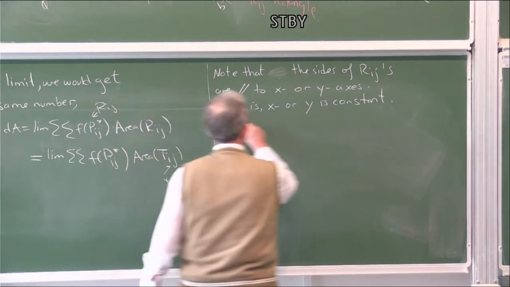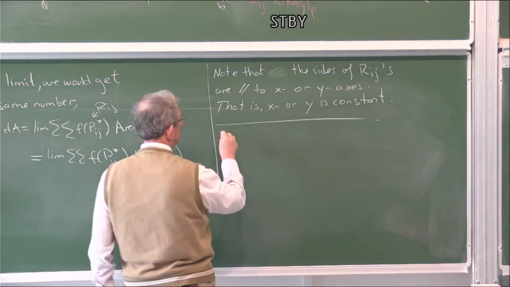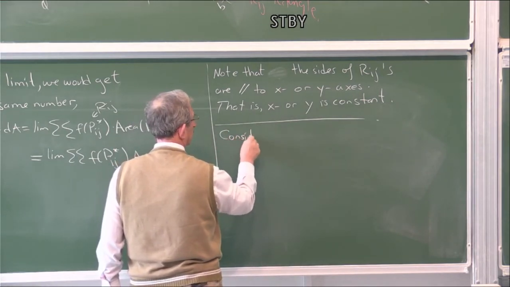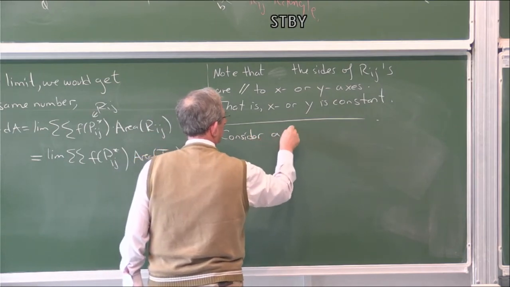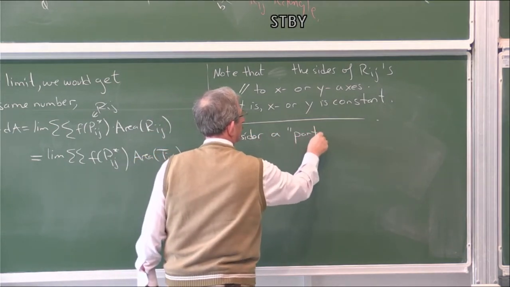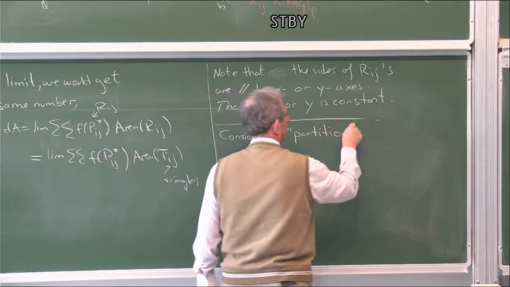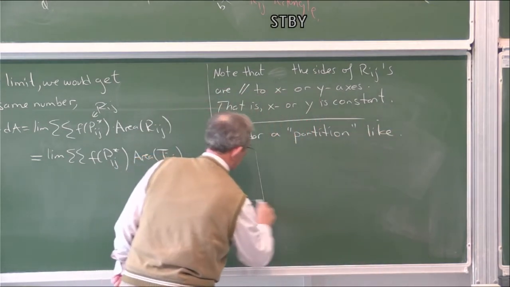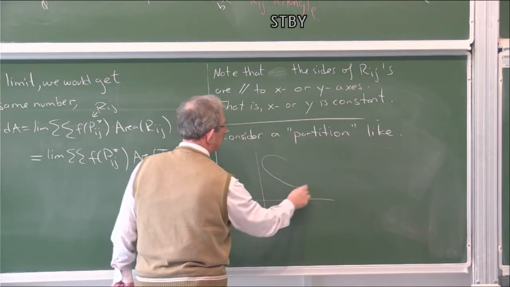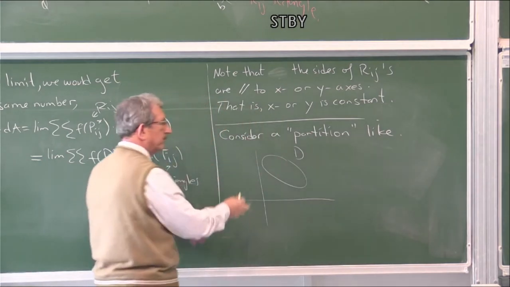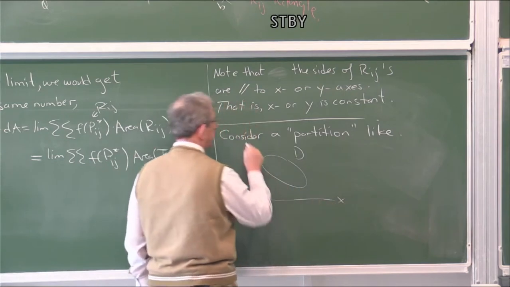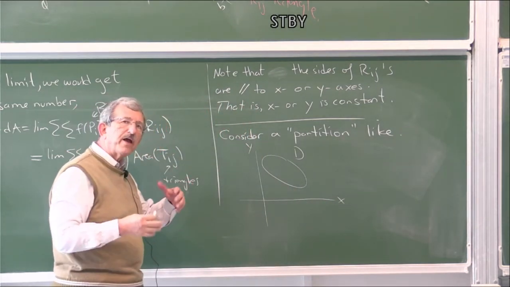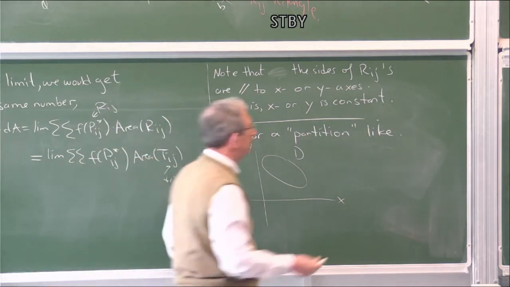Now, let us consider a partition like the following. Suppose we have a D, a region in the xy plane, and we partition it with theta or r is constant.